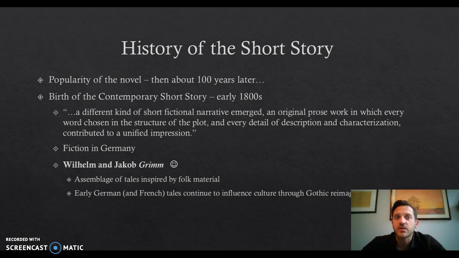They read the cultural milieu, which was focused a lot on horror and crime, without that moral lesson, but adding an aesthetic value. So this formation of short fiction, short literature as an art form, they read that out there in the culture, and they assembled and curated folk material, oral tradition stories, and they assembled them in an artistic manner.